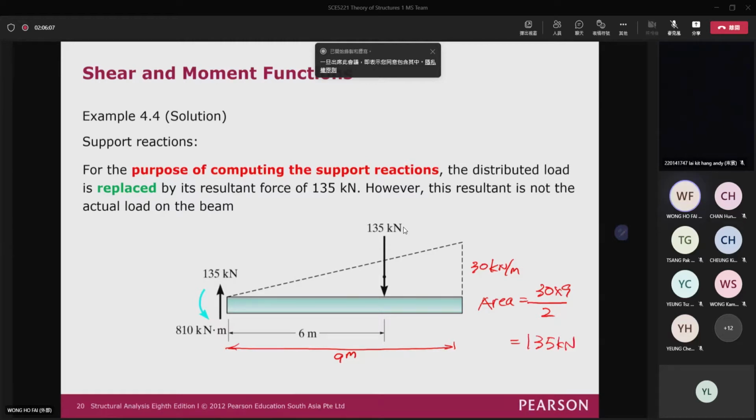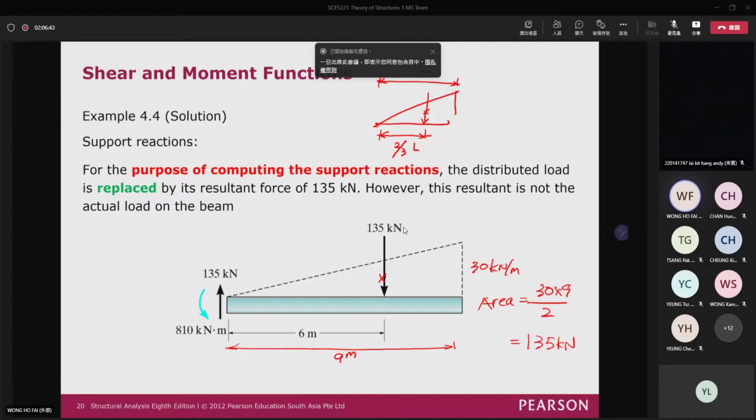So the total load due to this distributed load is equal to 135. And this load should be applied at the centroid of the distributed load. For a triangle, the centroid is at 2/3 of the length. So if the base length is L, then the location of the centroid is 2/3 of the total length, okay?